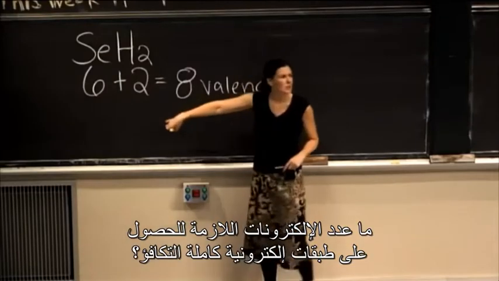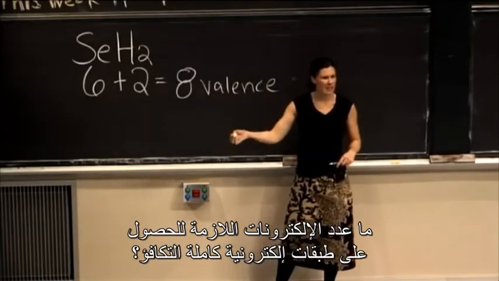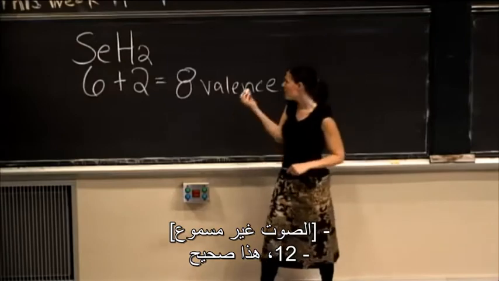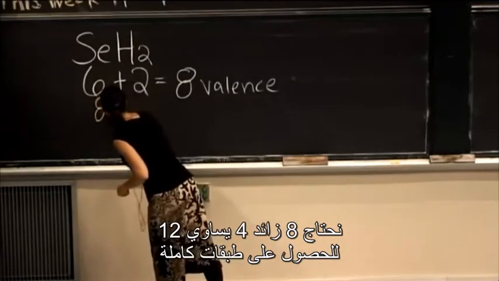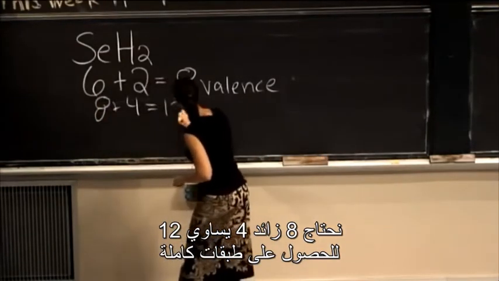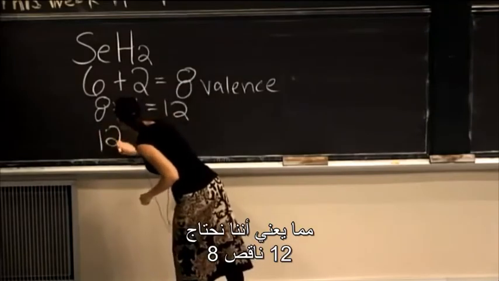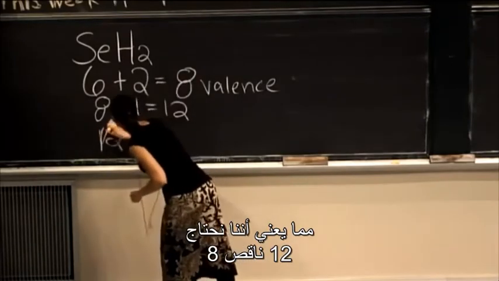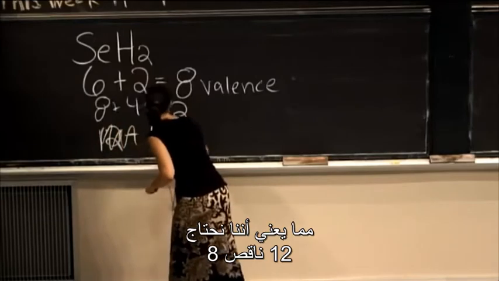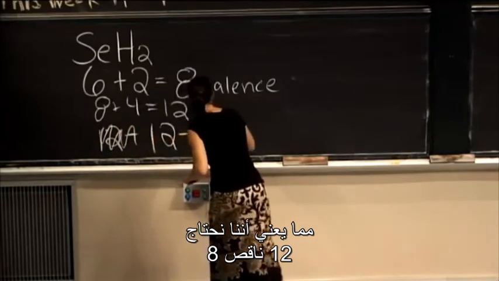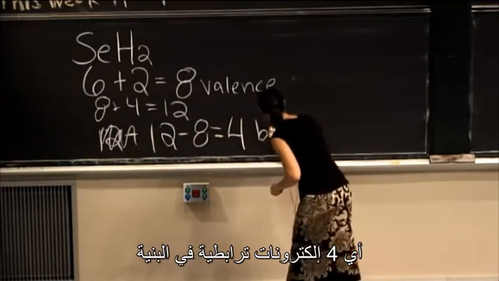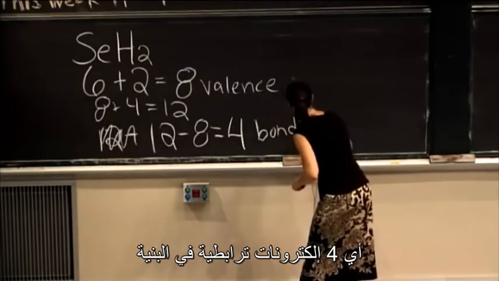How many electrons do we need to have full valence shells? 12, that's right. We need 8 plus 4 is 12 for full shells. That means that we need 12 minus 8, or 4 bonding electrons in our structure.